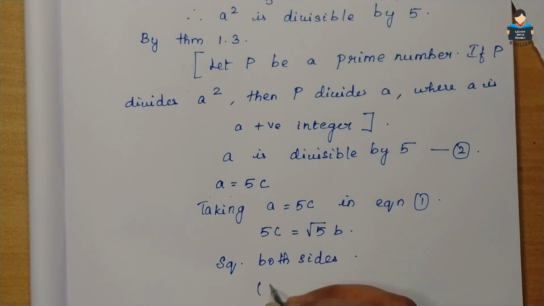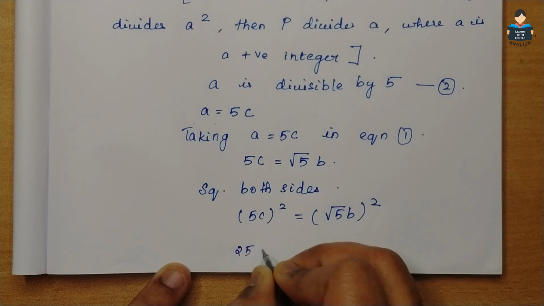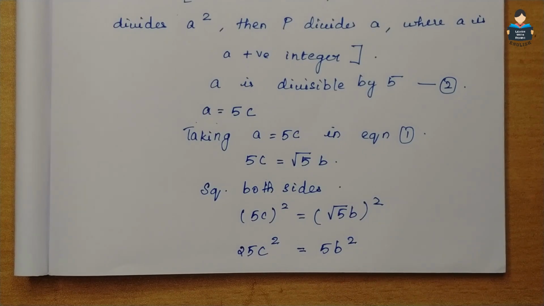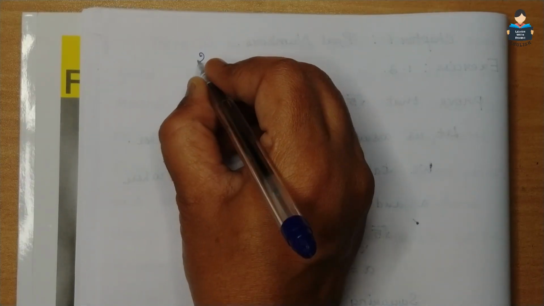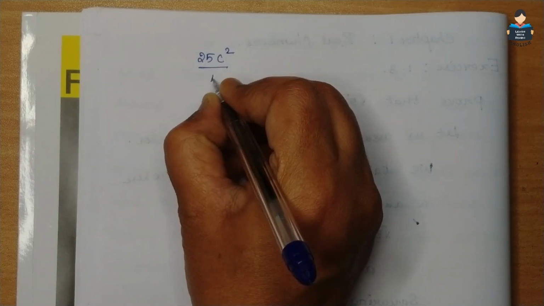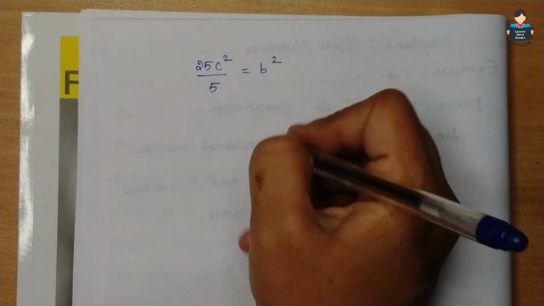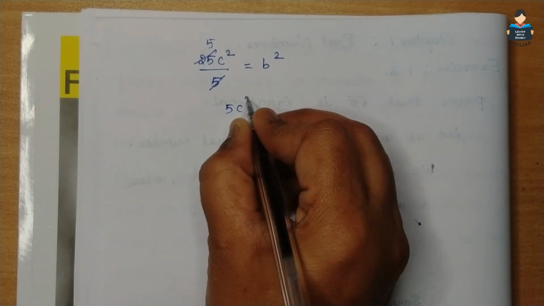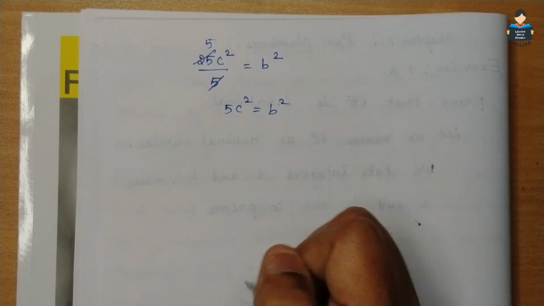I will get 5C the whole square is equal to root 5 B the whole square. So, I will have 25C square is equal to 5B square. Now I bring this 5 to the left hand side, so 5 will come to the denominator. So I will have 25C square by 5 is equal to B square. If I cancel this, I will get 5C square is equal to B square.